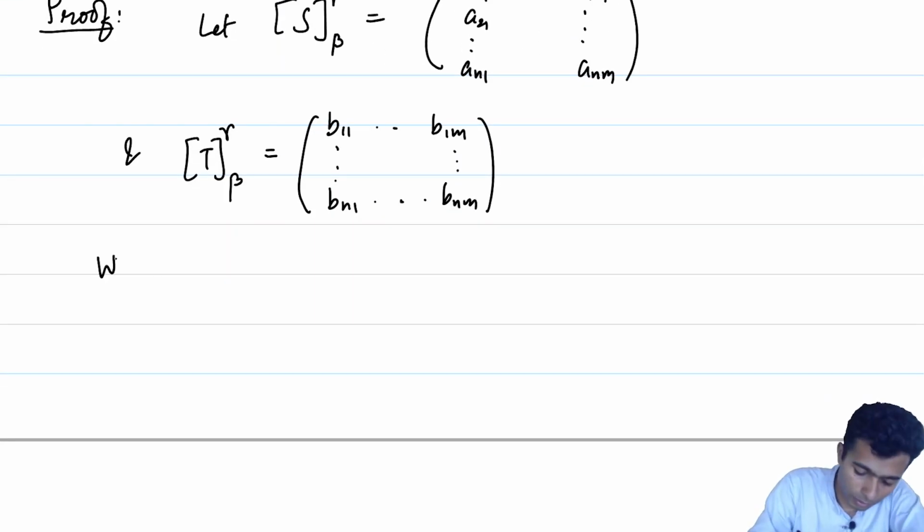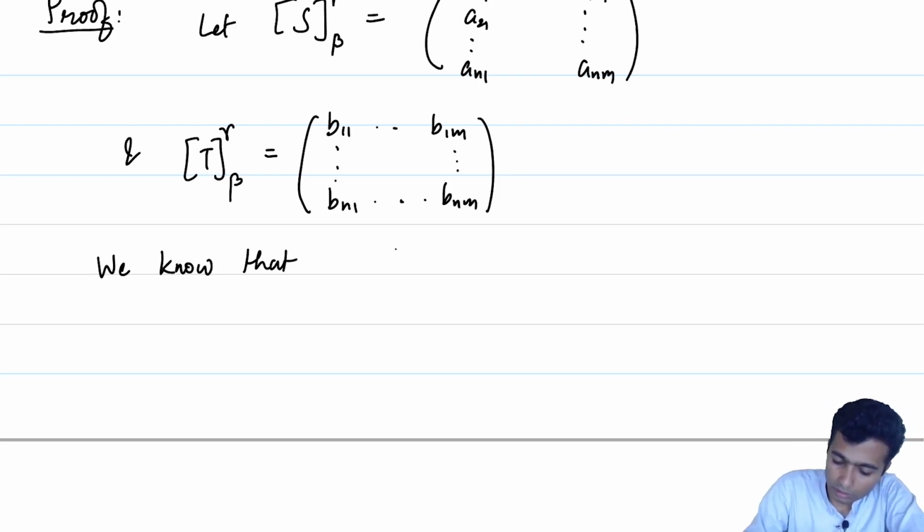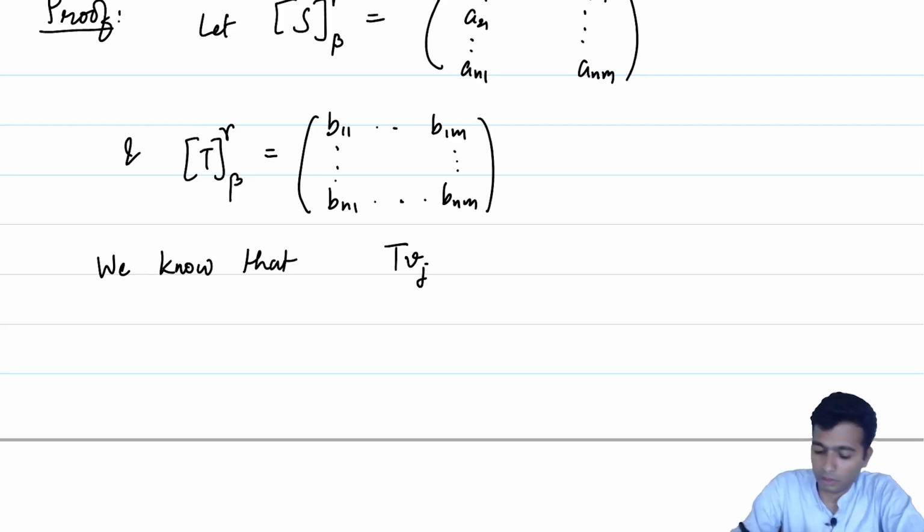So we know that the jth column will come into the story.